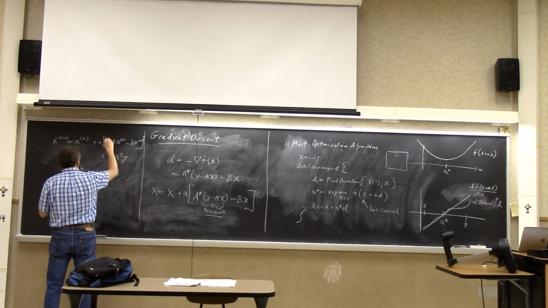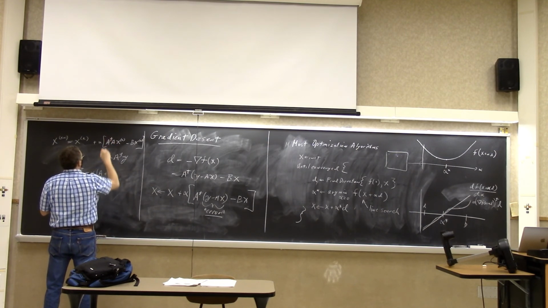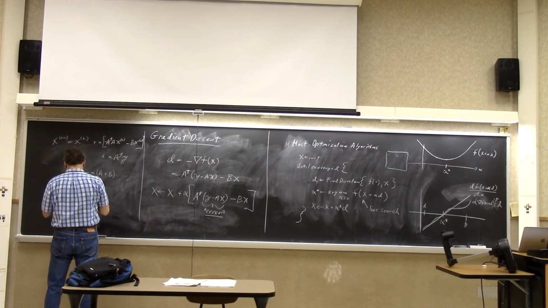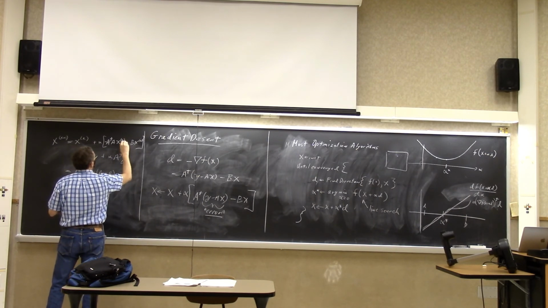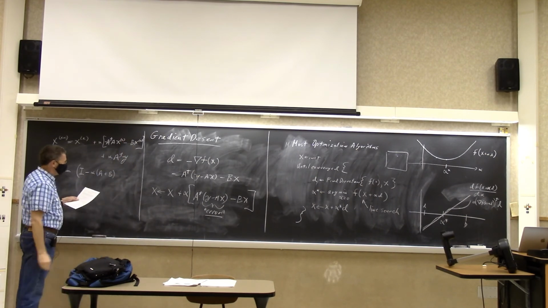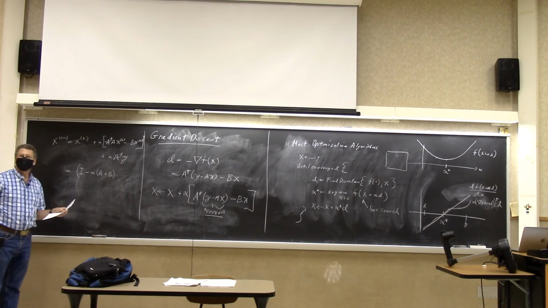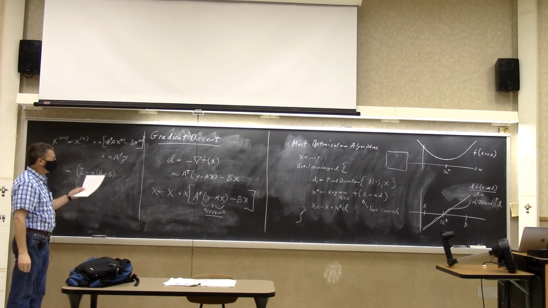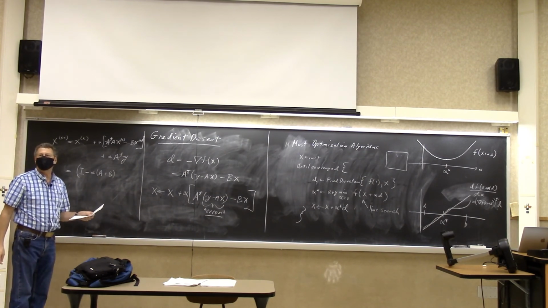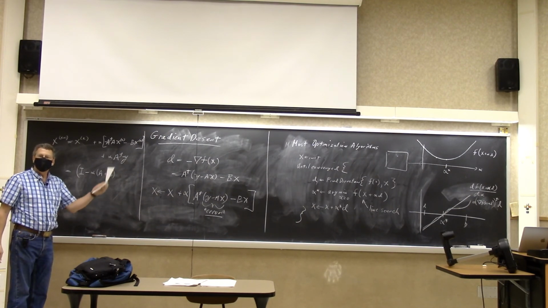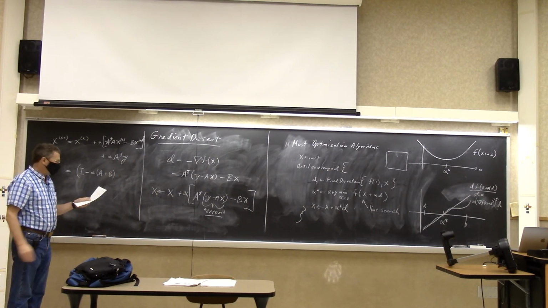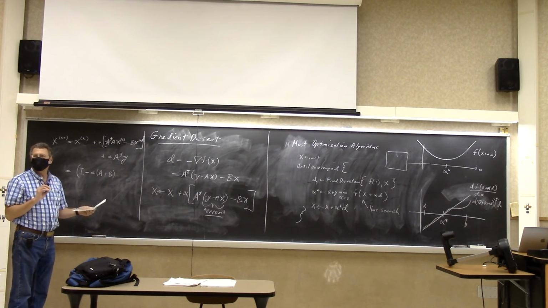Alpha times A transpose, and minus B. Actually, in the notes I put a sigma squared in there. That was because I left the lambda out. The sigma squared was the noise variance. You'll read the notes, because I'm doing a slightly simpler case here.